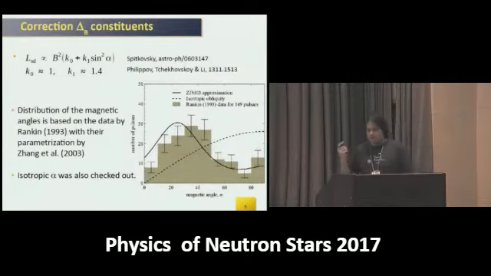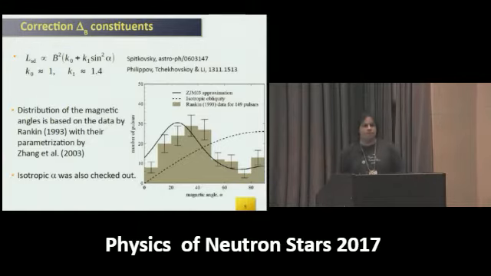To calculate this distribution, we need a couple of initial distributions. First of all, it's the distribution for the magnetic angles. There are many methods to reconstruct the distribution. We have adopted the data derived by Rankin and the parameterization by Zhang.